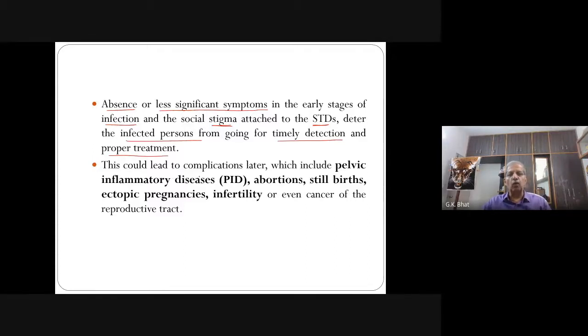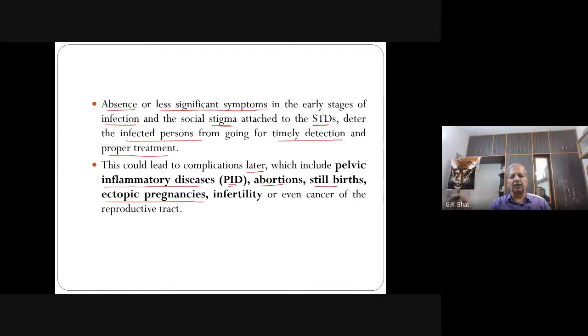This could lead to complications later, which include pelvic inflammatory diseases, PID, whose full form will be asked. In case of women, abortions, stillbirths, ectopic pregnancy outside the uterus, in the oviduct or in some other area.